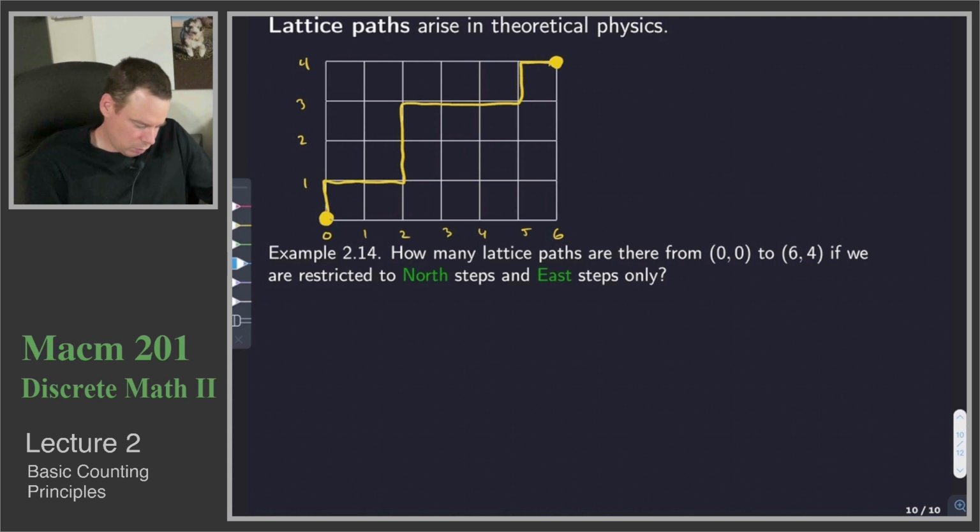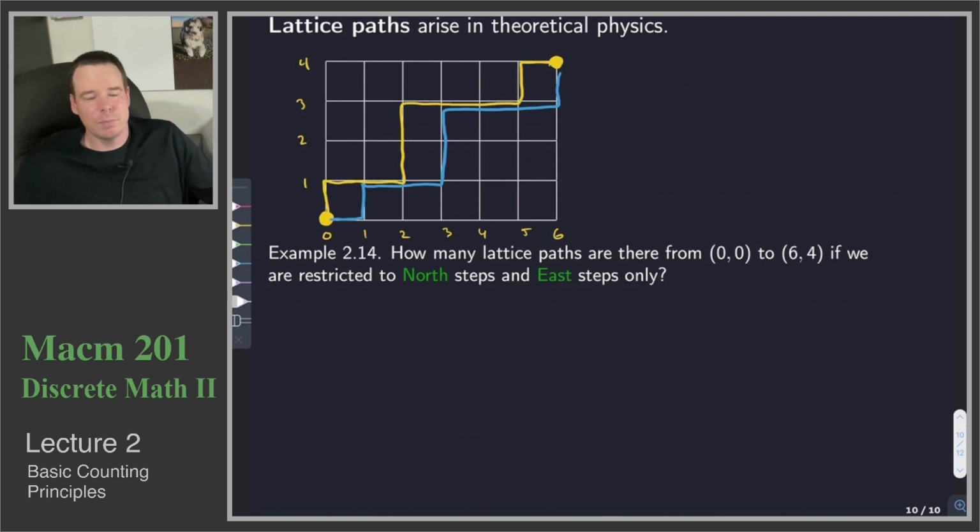So maybe I'll just show a couple of different ways here. There are 2 different paths going from the lower left, or the start, to the end. How many paths are there in total? The way we want to answer these questions is to connect them to the counting objects that we've been introduced to in lecture 1, but we've also learned how to count in this lecture.